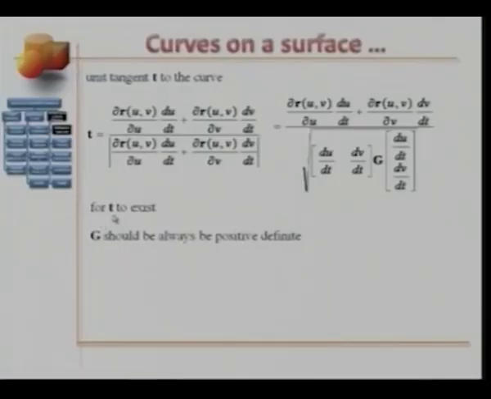Let's come back to where we were. We had said that for a unit tangent T to exist on a curve, the matrix G, the first fundamental matrix, should always be positive definite.